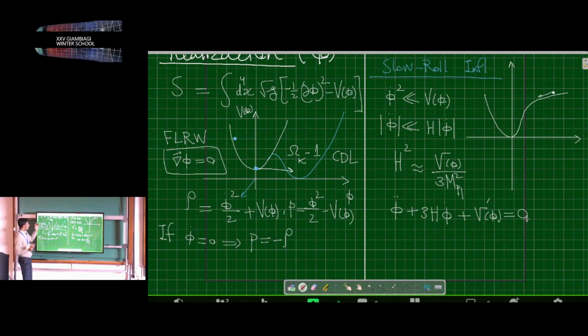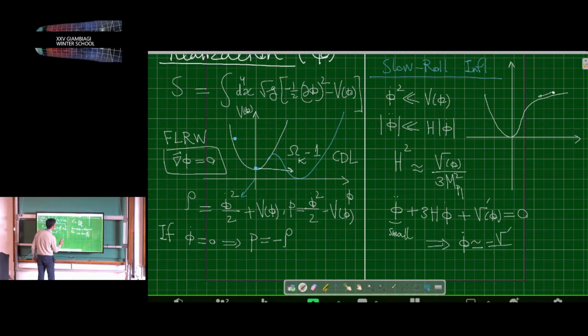Now you can see what are the conditions on the potential such that this solution is consistent with the assumption. So we can a posteriori verify that this system is consistent. And that translates into two requirements.